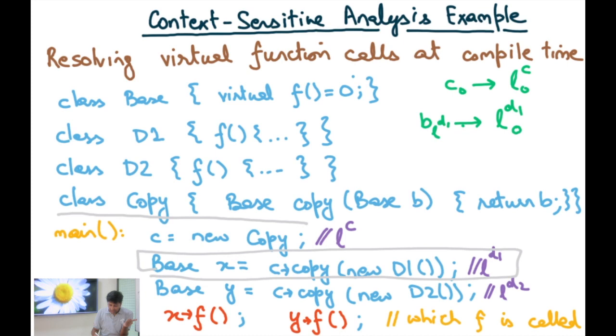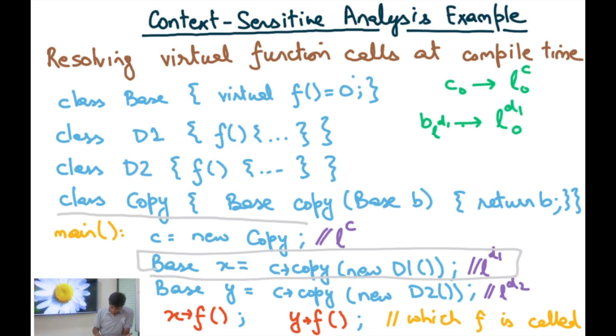And so B in context LD1 may point to LD1, the allocation site LD1 in context 0. So this is my new edge by virtue of this call. Once again, B is in context LD1 and the allocation site is in context 0. Because I'm using the same LD1 for both the call site and the allocation site, LD1 is appearing both as a call context and as an allocation site. So I hope that's not confusing you.